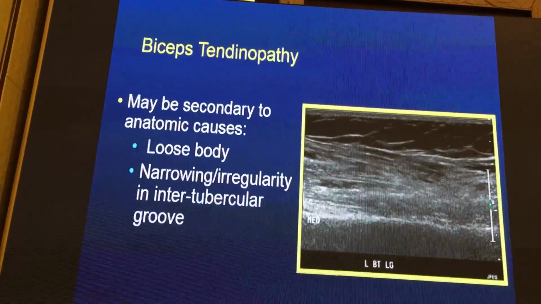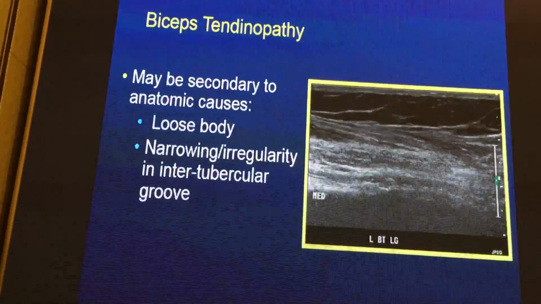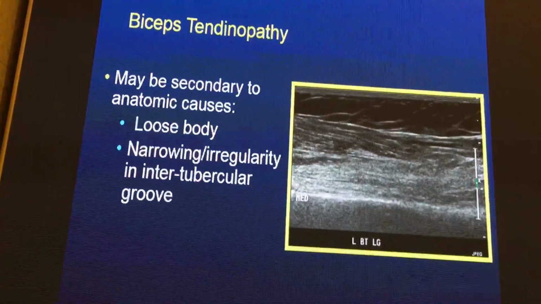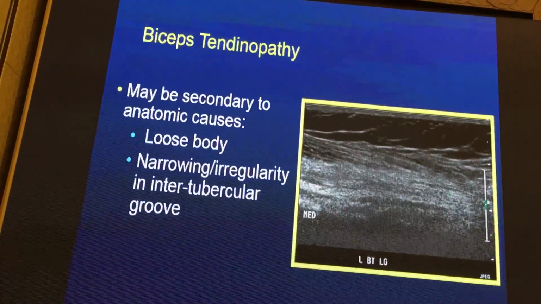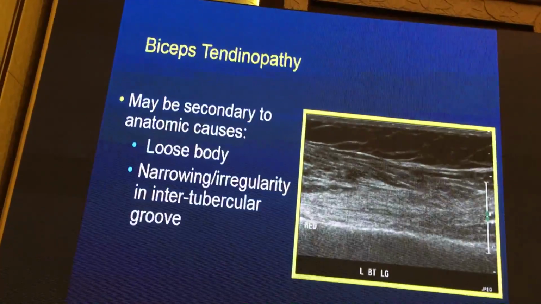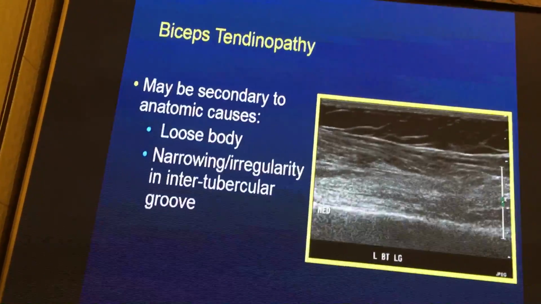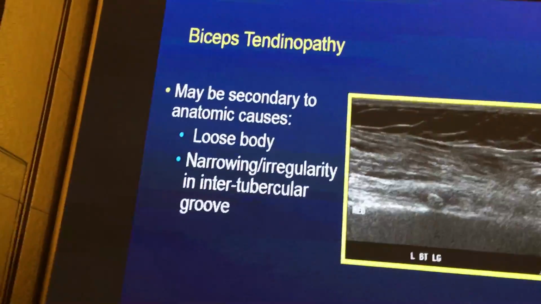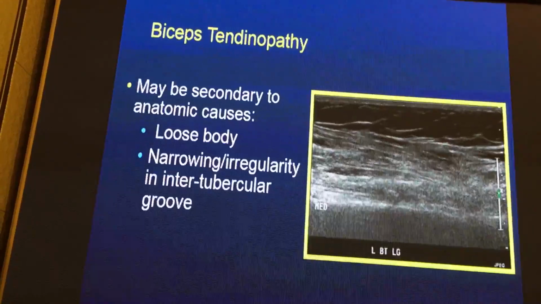So if you remember, since this is a glenohumeral joint recess, if somebody has a loose body inside of their glenohumeral joint, it can pop up and go right down in that biceps tendon sheath. And then every time you move your arm, that biceps tendon runs against that little piece of bone, which hurts like crazy.